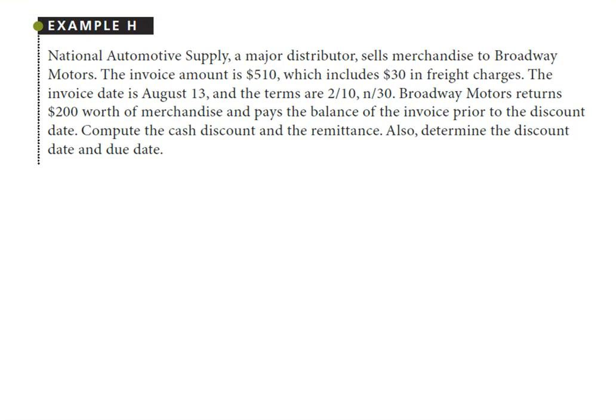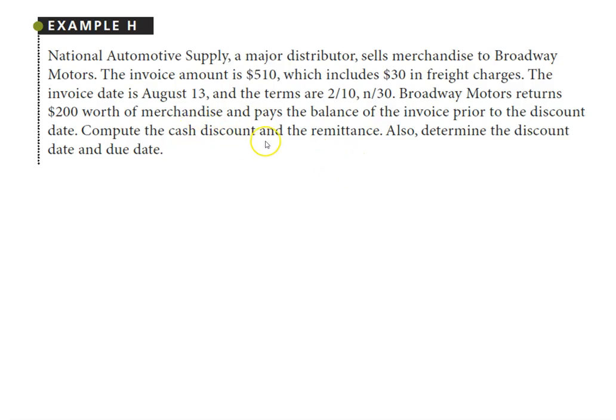And so let's take a look at this example here. So we have an invoice amount of $510. There's $30 in freight charges. We have an invoice date of August 13th. Terms are $210 net 30. Let's say that they returned $200 worth of merchandise, and then they pay the invoice prior to the discount date.